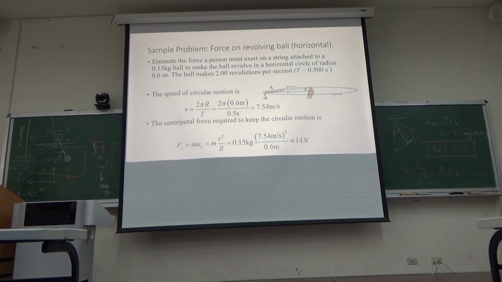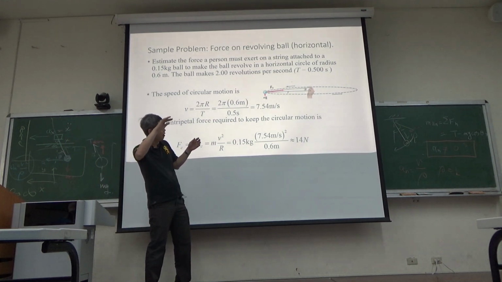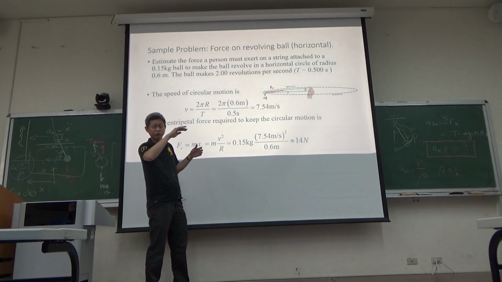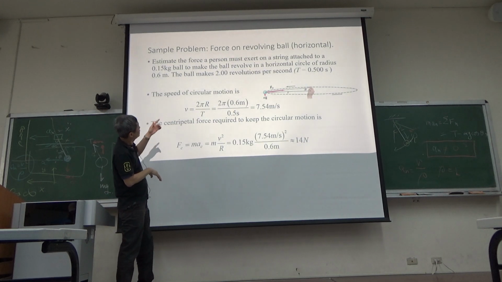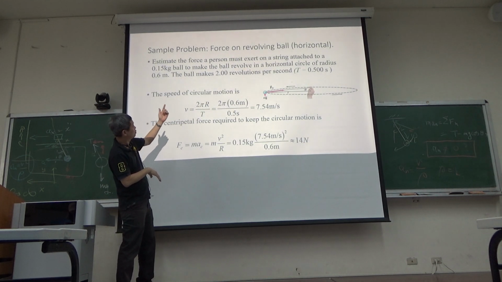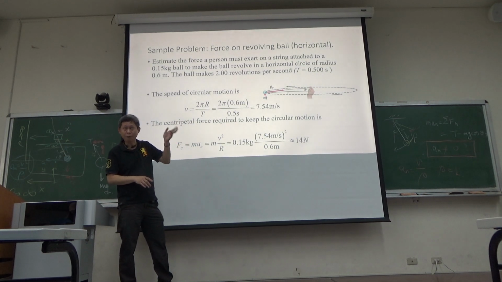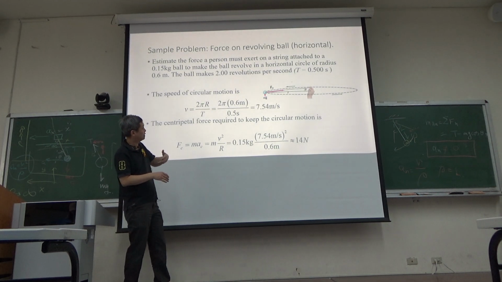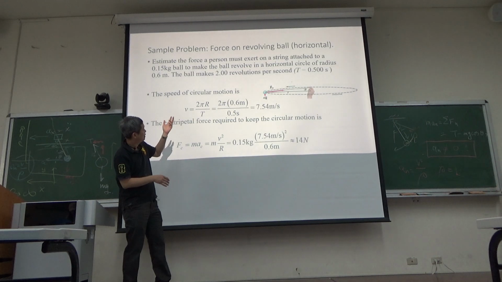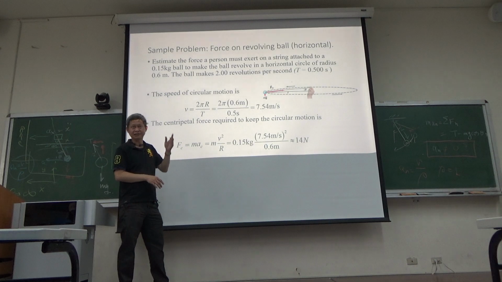And then next, we'll show you one example. In this example, you are basically throwing a hammer in the horizontal plane. We now reduce the question to 2D, okay, in the horizontal plane. You are given that the ball makes 2 revolutions per second. 2 revolutions per second is an RPS speed. How do you convert them into a period? A period is the time taken to finish 1 revolution. So in this case, this is 0.5 seconds. That's the period.